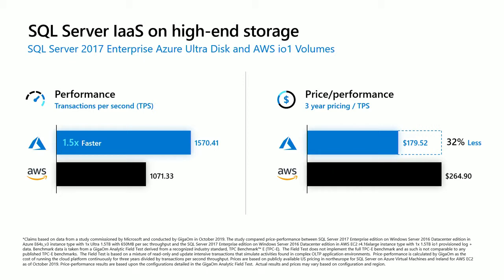So not only did they observe that it ran much faster, 1.5x faster than on AWS, they also noticed that it is significantly cheaper to run SQL Server on Azure than on AWS. This is an independent study, and these are the benchmarks that they have. This should get published for you to look at in the coming weeks.